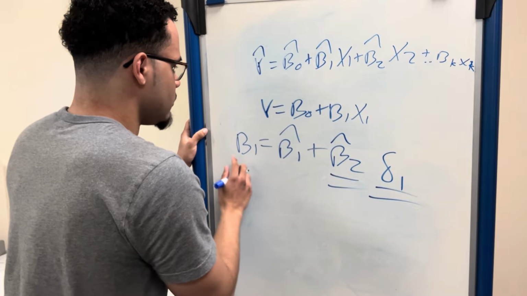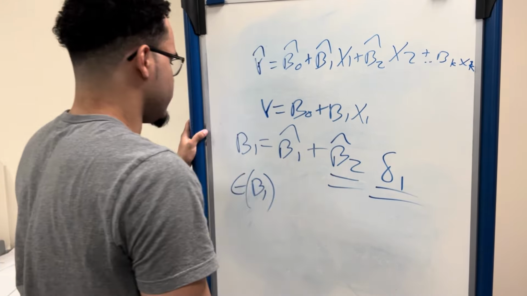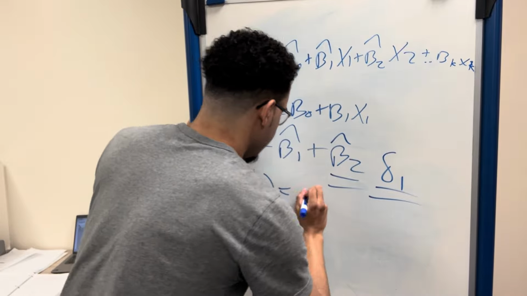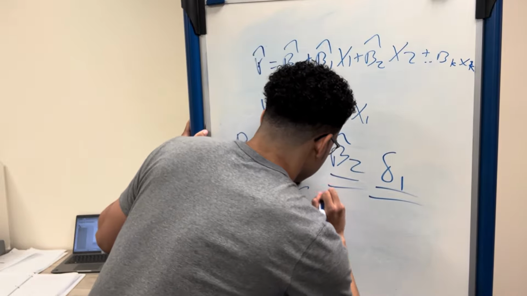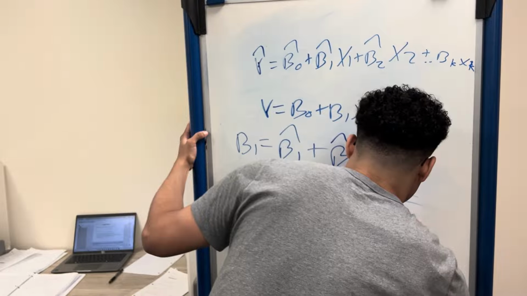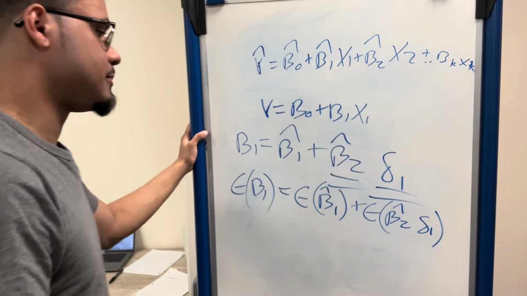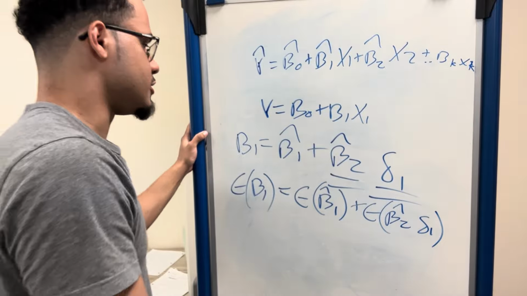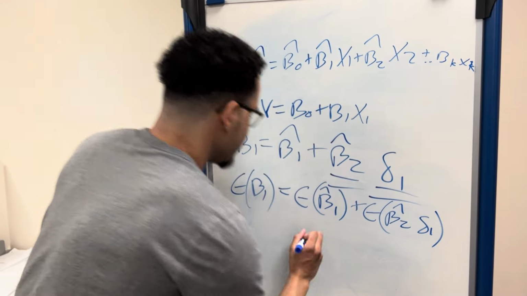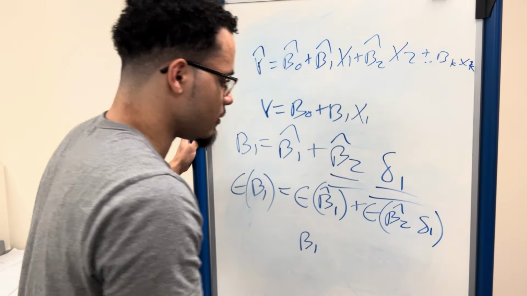So essentially what we do is we take the expected value of one of our fundamental parameters, and this is what it comes out to be. We take the expected value of this whole thing, and this just comes out to be beta 1, which I proved a couple minutes ago.